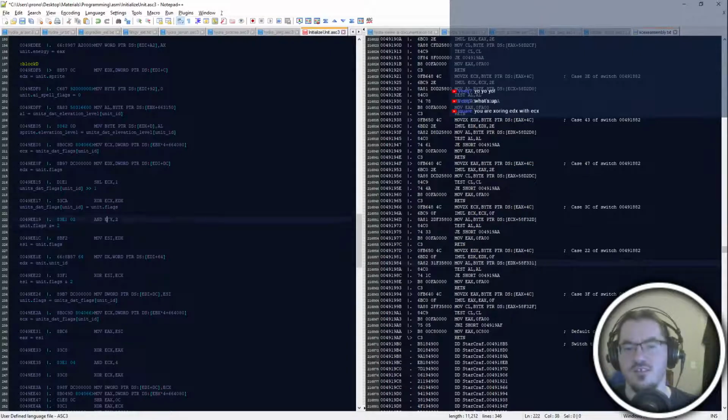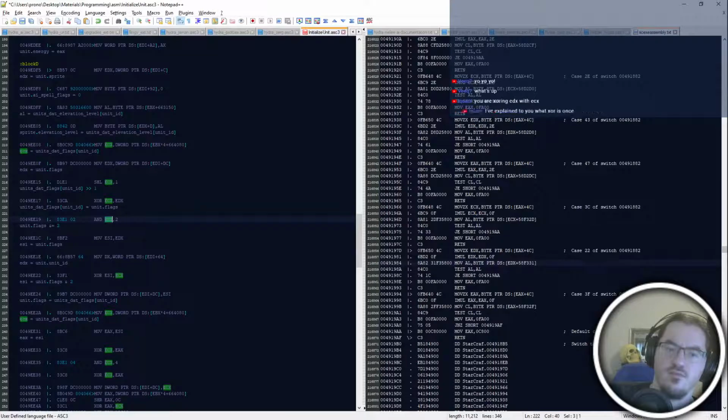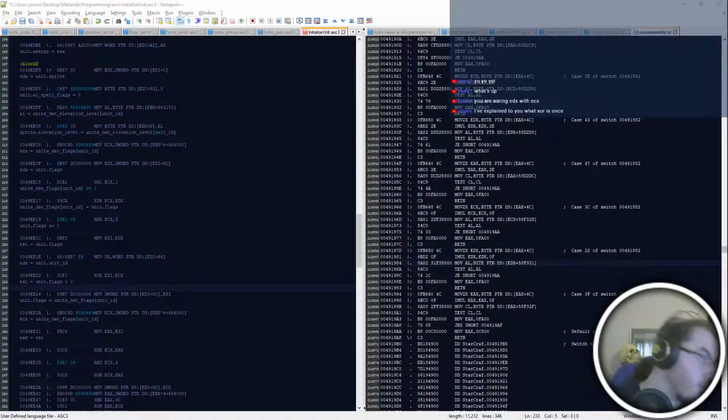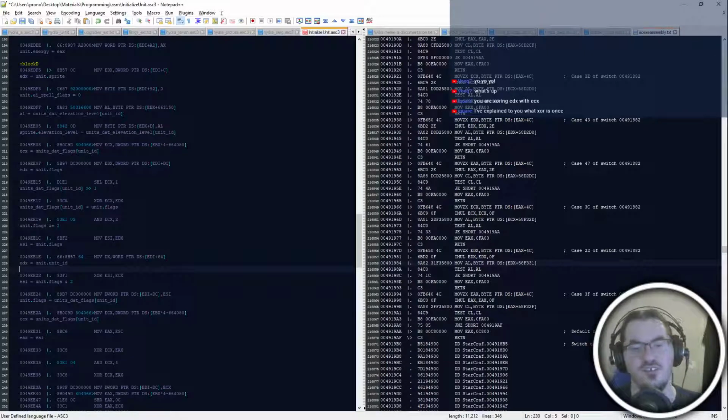So all it does is it writes the flag of 2 to both? Yeah, it's just that I always treat it as 0 because I always see it as swapping the same thing.